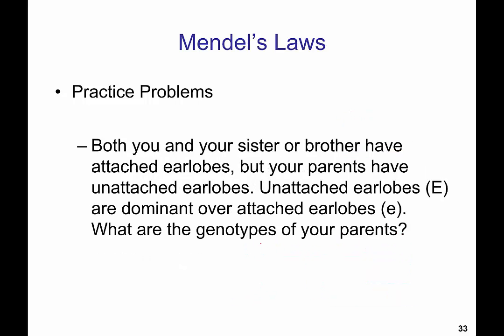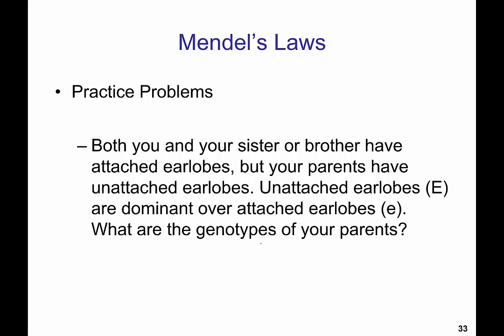Our next practice problem. Both you and your sister or brother have attached earlobes, but your parents have unattached earlobes. Unattached earlobes are dominant over attached earlobes. What are the genotypes of your parents? Okay, so we have to see what's given.